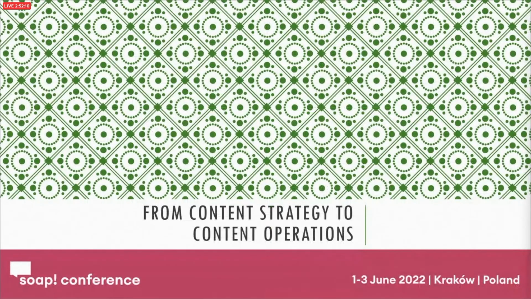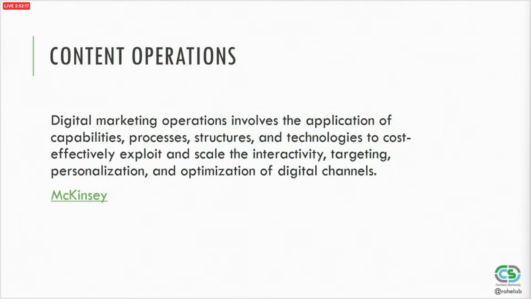So how do you go from content strategy to content operations? Well, we have a few ways. McKinsey talks about digital marketing, and I think that if they took digital marketing out and just said content, they would have a very good definition here.